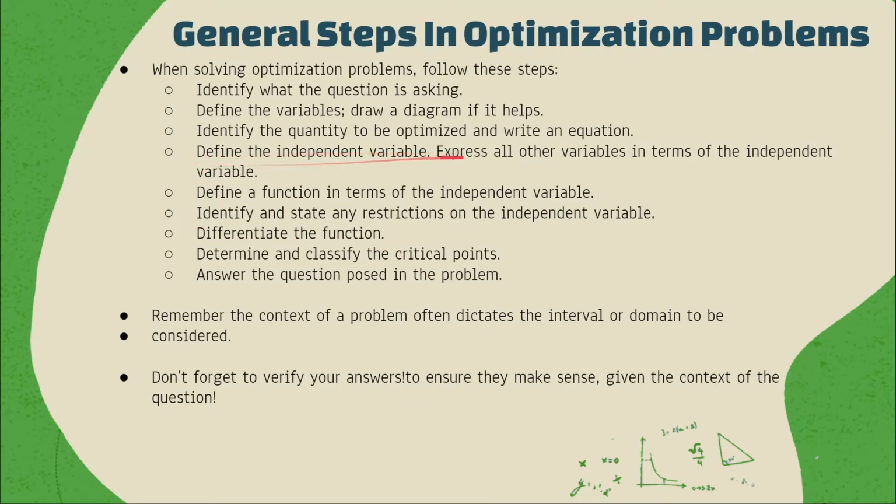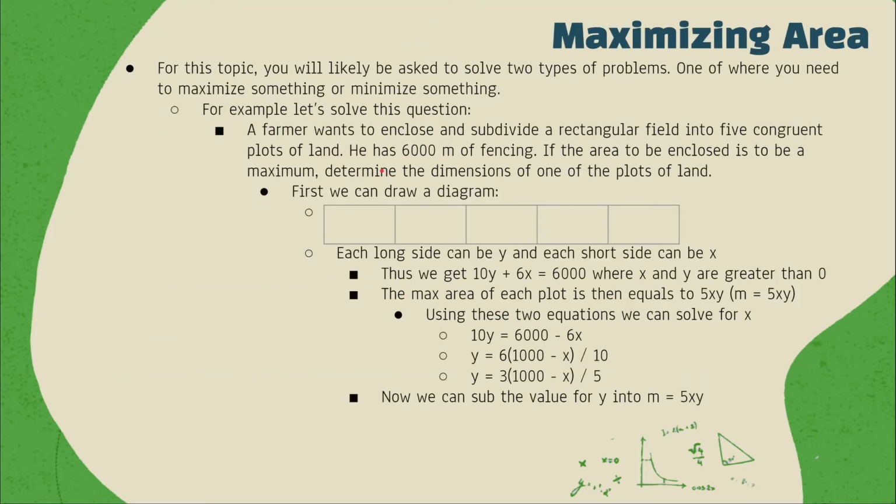Define the independent variable. The independent variable for us is x. To rewrite y as a dependent variable, we could rearrange this equation here. So 10y is equal to 6,000 minus 6x, so we just brought this to the other side.